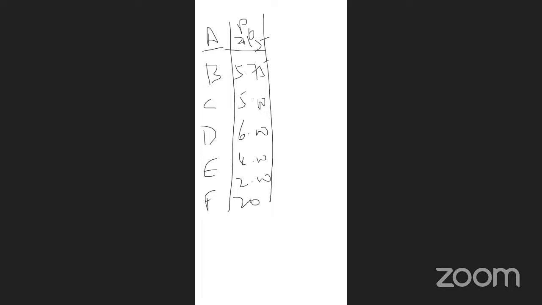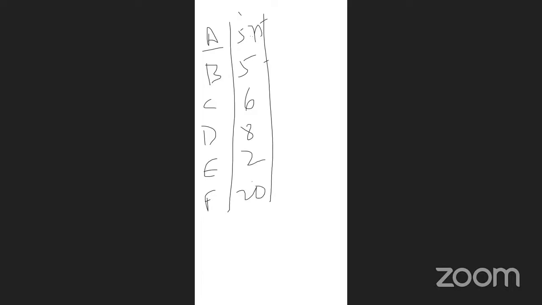Sorry, I should write it like this. For A it is 5.75. B is 5 rupees. C is 6 rupees. D is 8 rupees. E is 2 rupees. And F is 20 rupees.